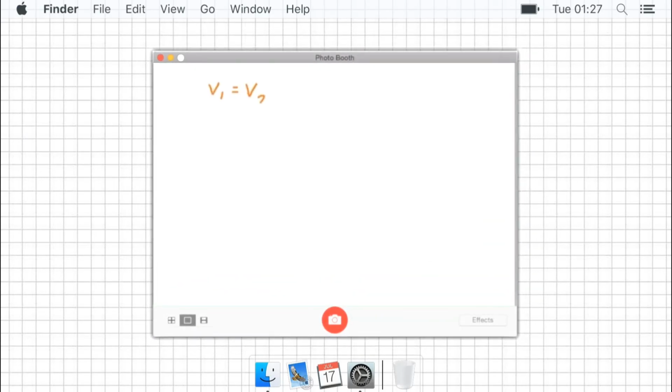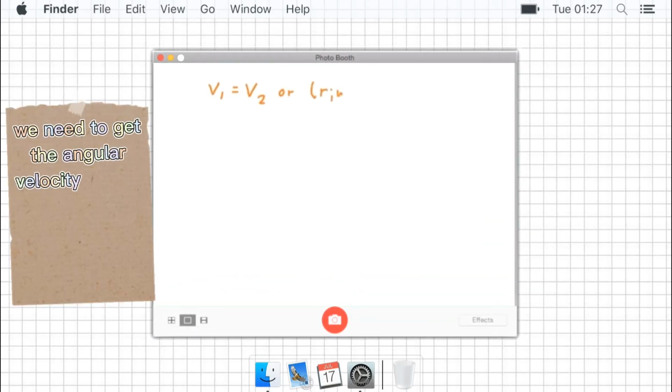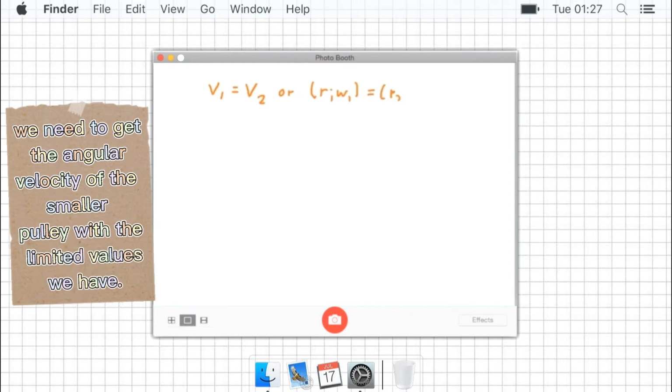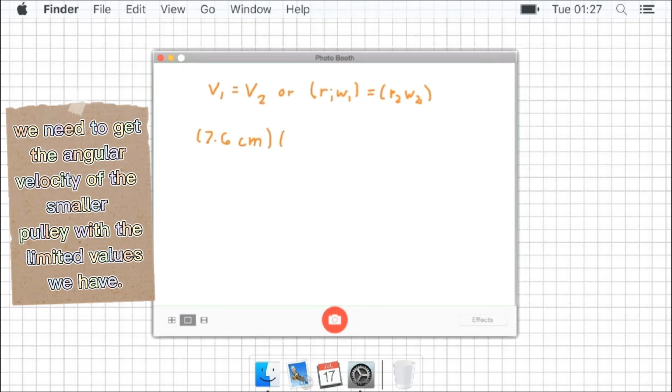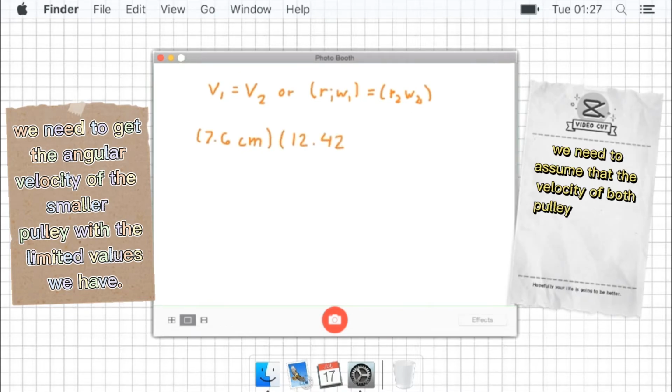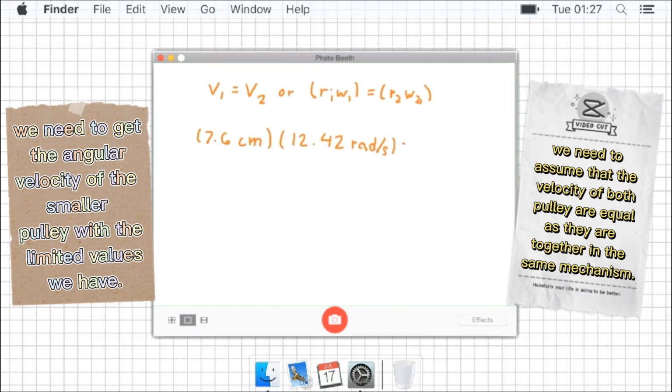Now, for the tricky part of this problem, we need to get the angular velocity of the smaller pulley with the limited values we have. To do this, we need to assume that the linear velocity of both pulleys is equal as they are together in the same mechanism.